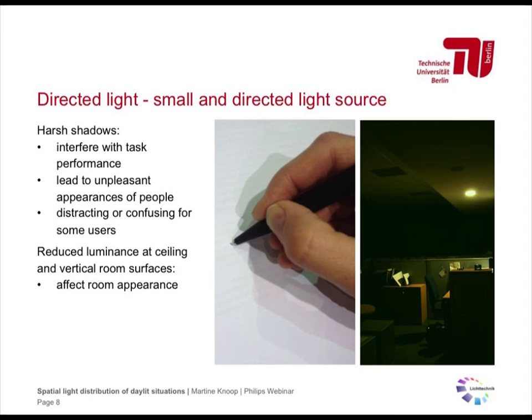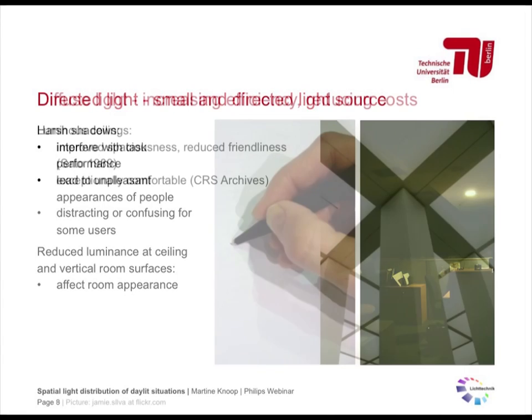The fluorescent lamp is a light source that cannot be directed that well, and we always have some spill light. And although this spill light might be seen as a waste of energy, as it's not very effective in illuminating the work plane, it does light up the room surfaces, and with this, in the end, will affect our impression of the room.